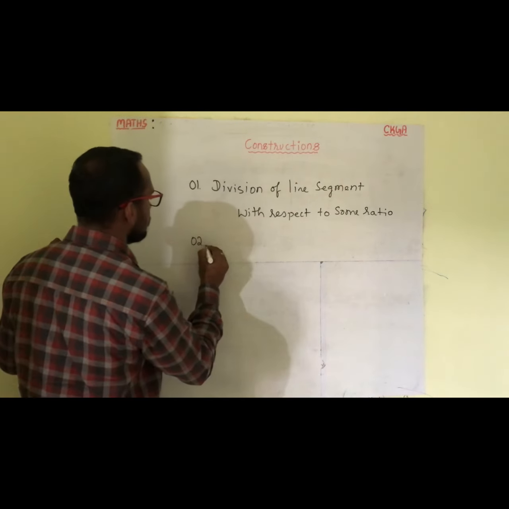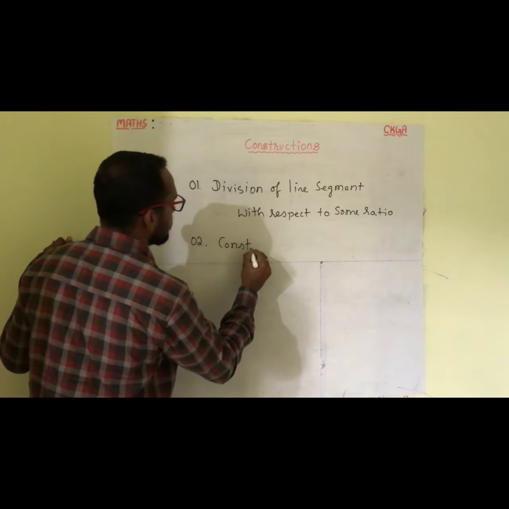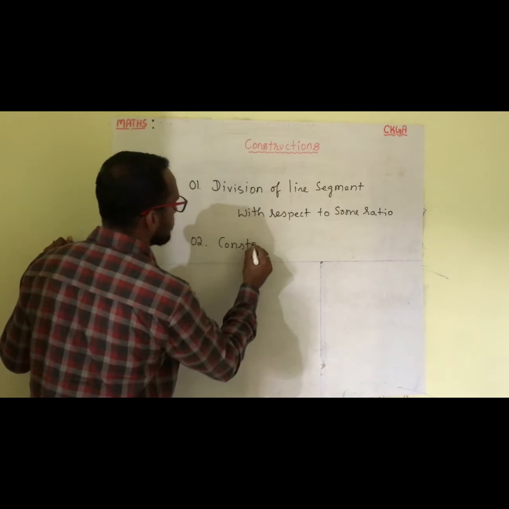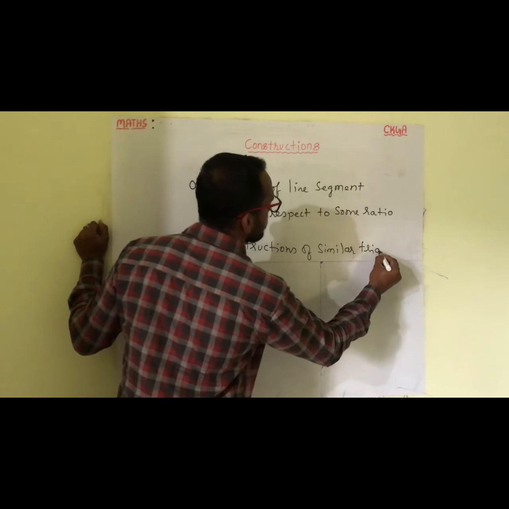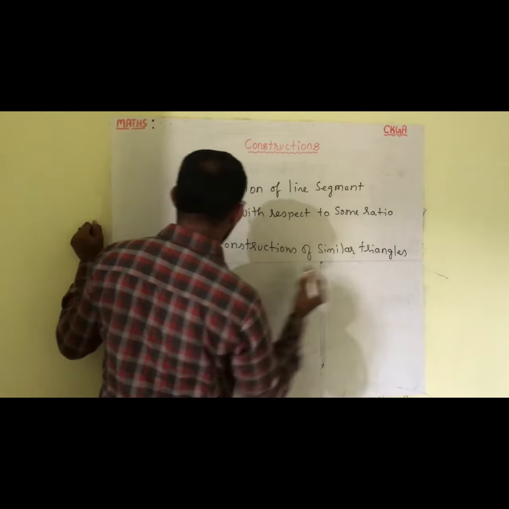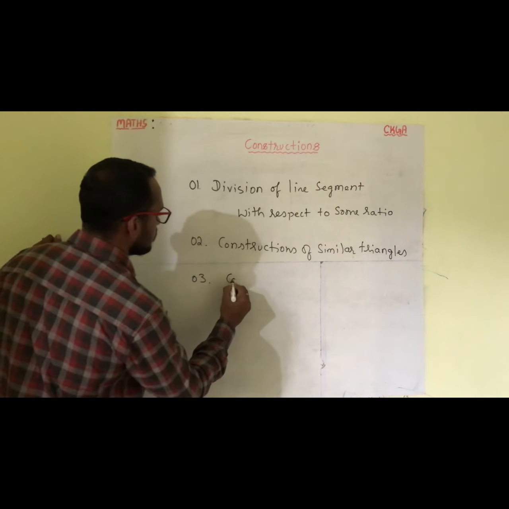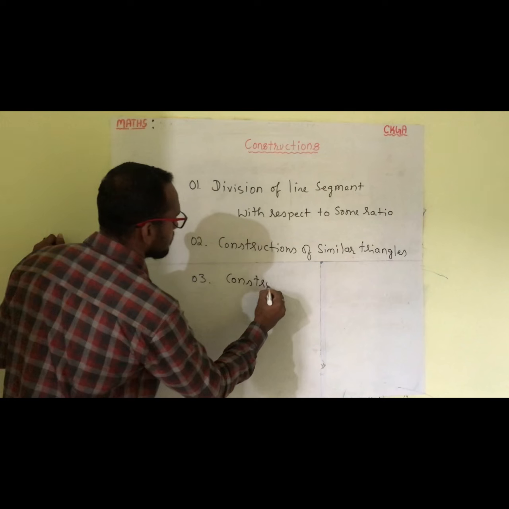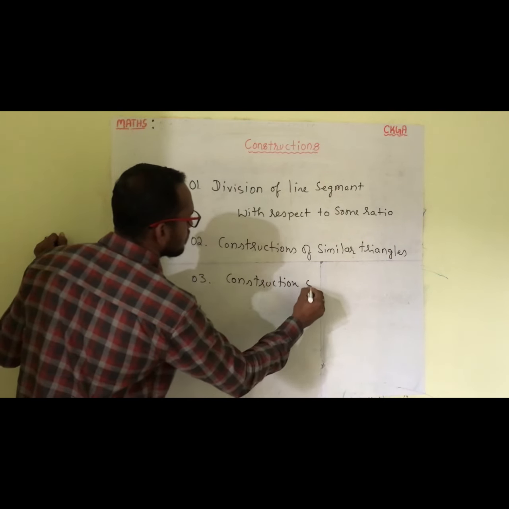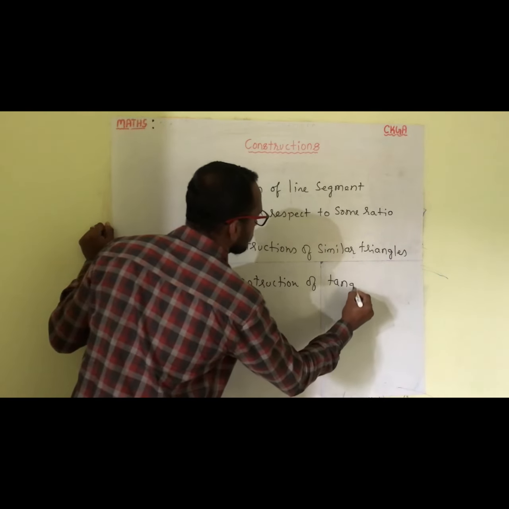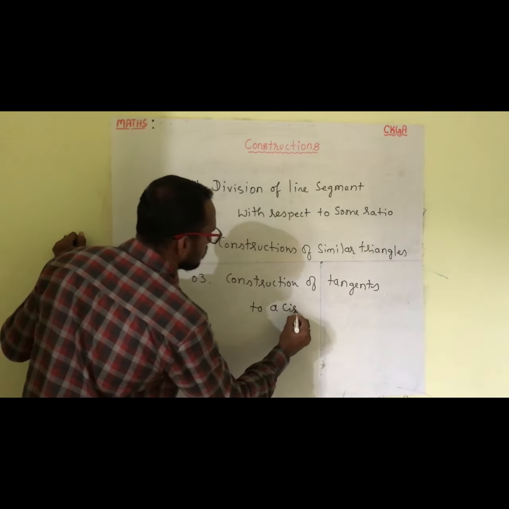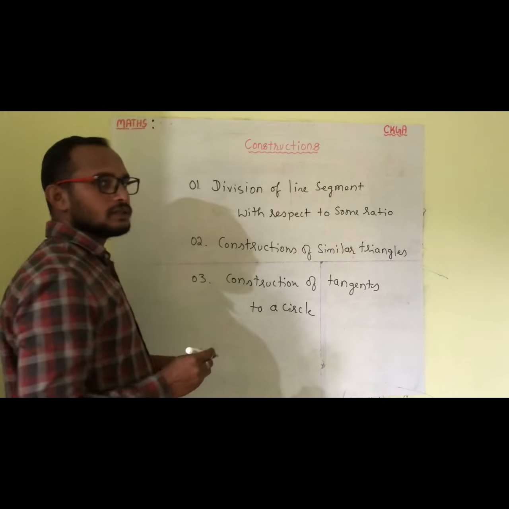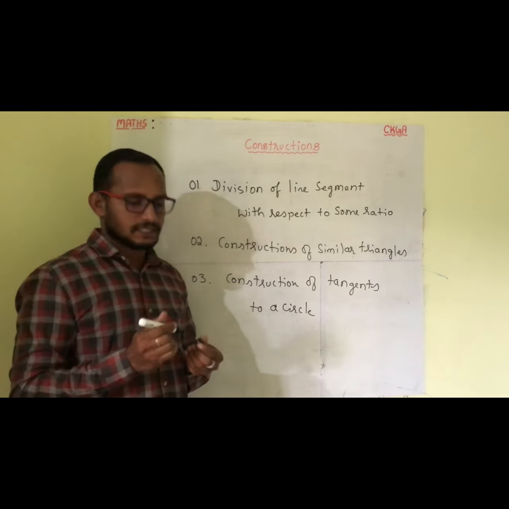Second one, constructions of similar triangles. Third one, constructions of tangents to a circle. So these are the three major objectives of this lesson.